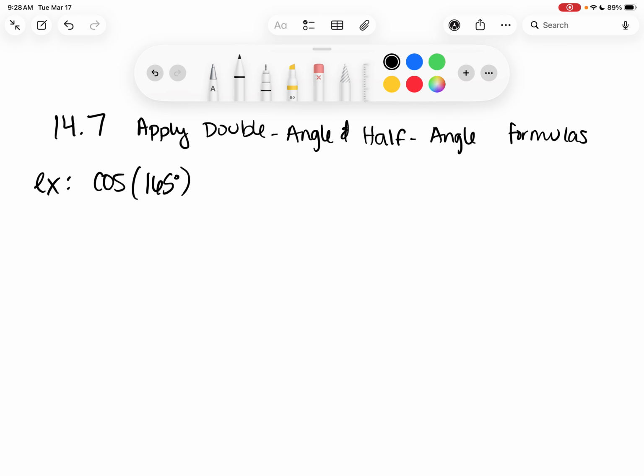So I need to figure out what this is the half angle of. To do that, I'm going to double this value. So this is the cosine of half of, what's double this number? 330. So we're looking at the cosine of half of 330 degrees, and that's on the unit circle.